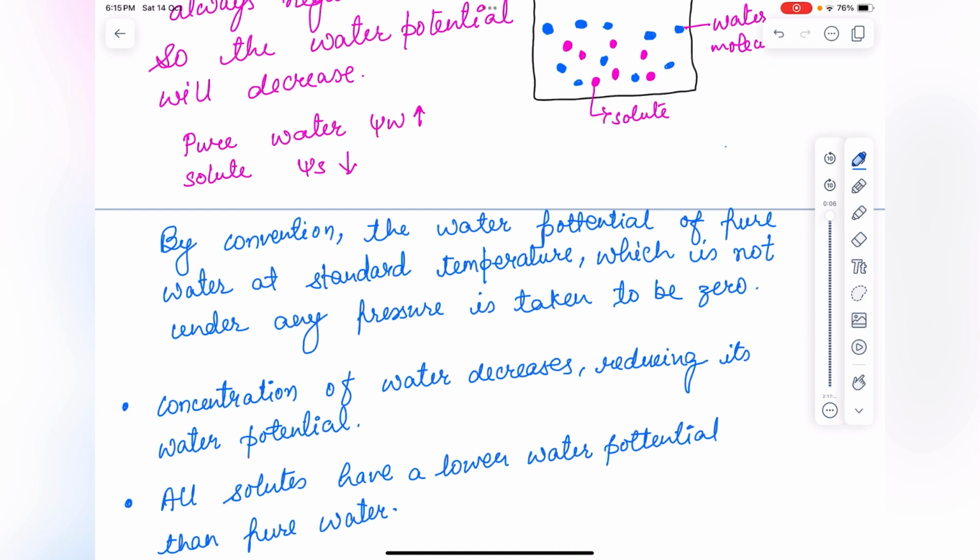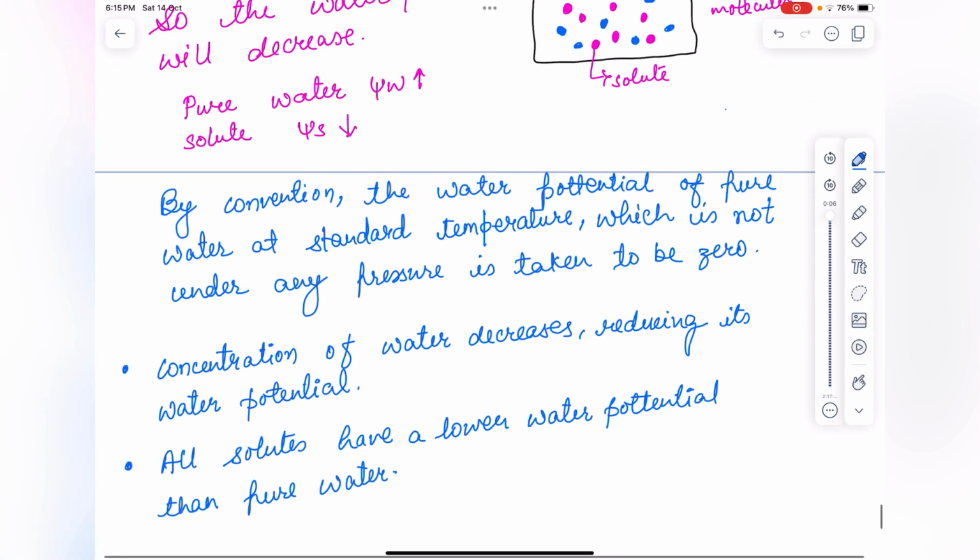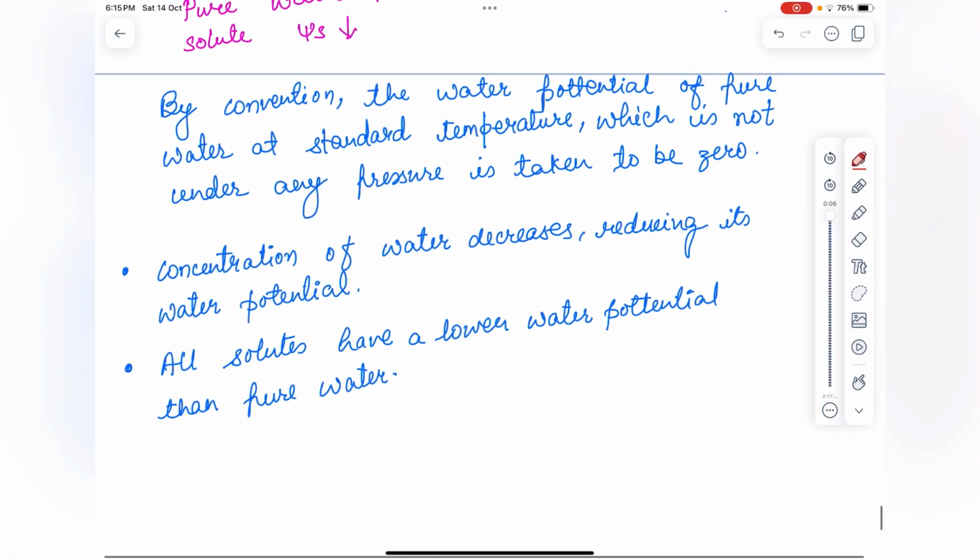If a pressure greater than atmospheric pressure is applied to pure water or a solution, by convention the water potential of pure water at standard temperature, which is not under any pressure, is taken to be zero.